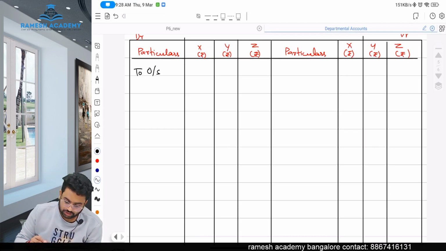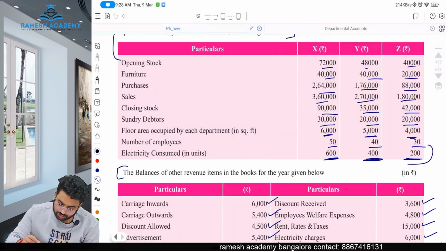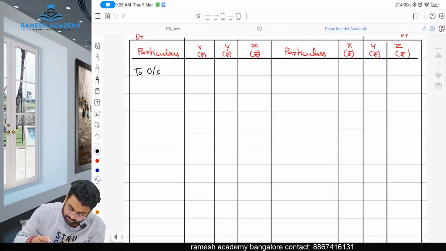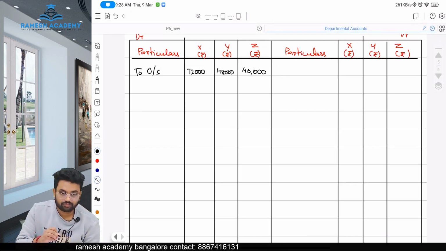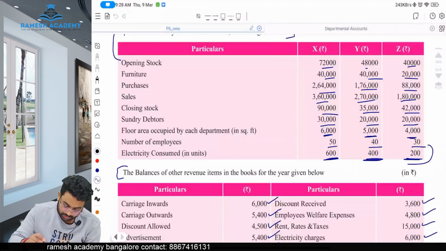To opening stock, how much was the opening stock? Opening stock was 72,000, 48,000 and 40,000. Done. Next, what is there?